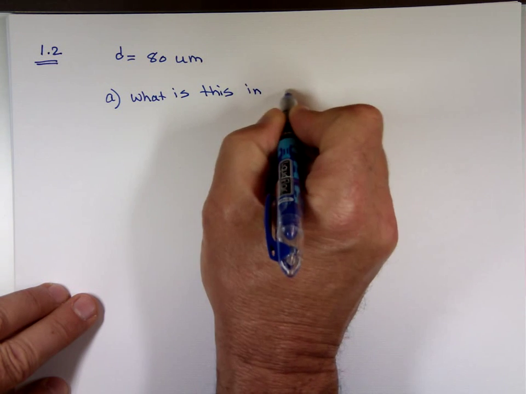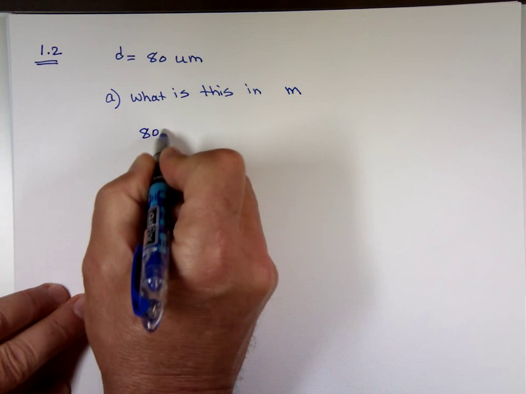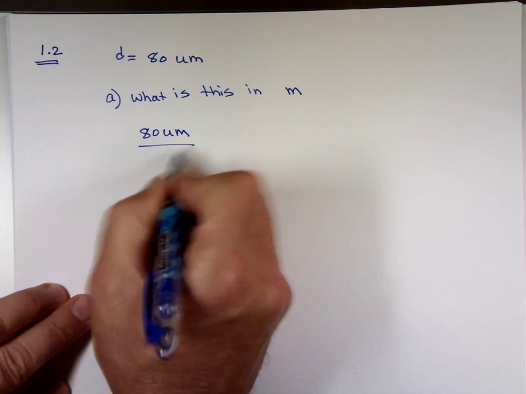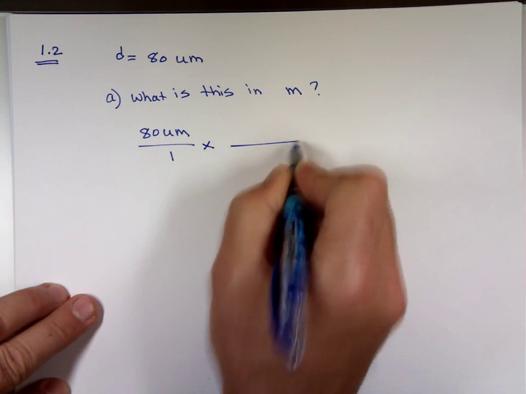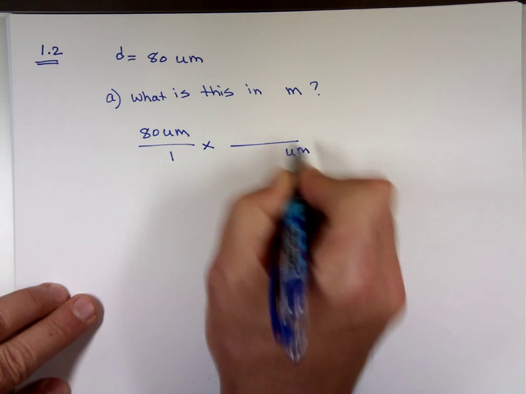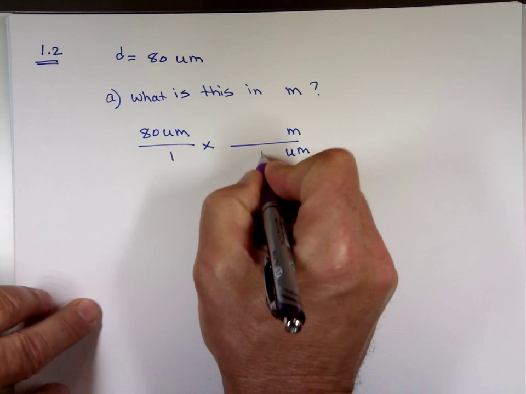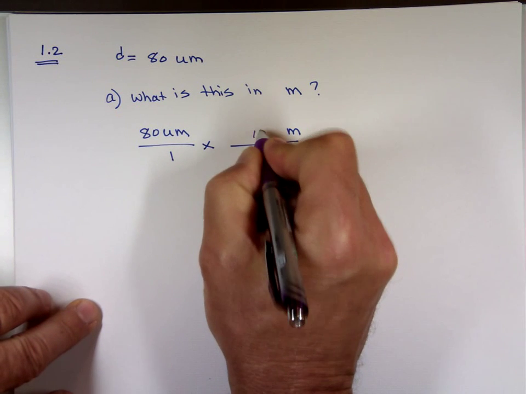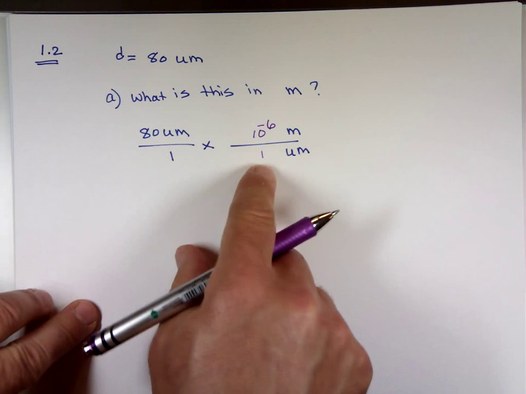So basically change micro to meters. So we go 80 micrometers over 1. Now you're going to multiply. So you want micrometers on the bottom, you want meters on the top. Now 1 micrometer, if you look at the conversion factor, is 10 to the negative 6, or 1 meter is 10 to the 6 micrometers.